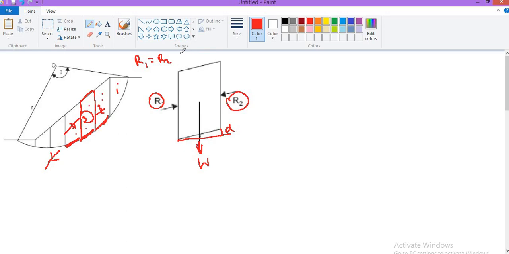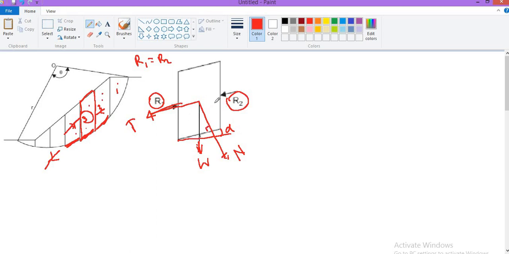Due to this weight, there is a normal reaction, let's say N, and also in the sliding direction there is a force, let's say T, due to the component of the weight.